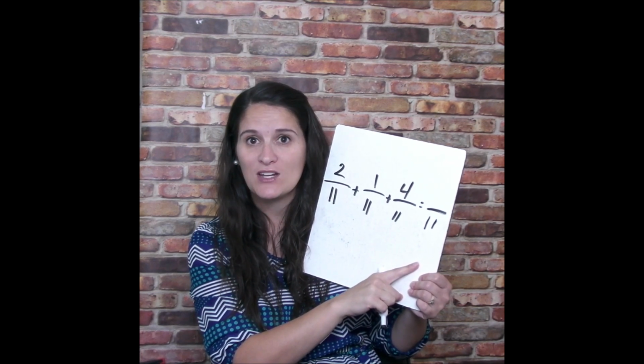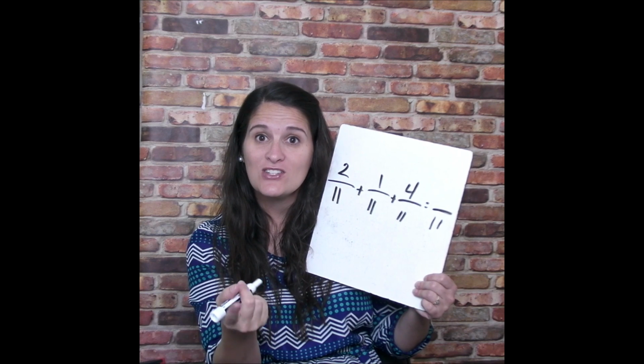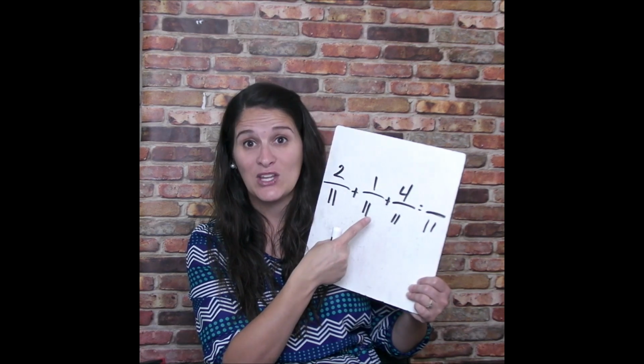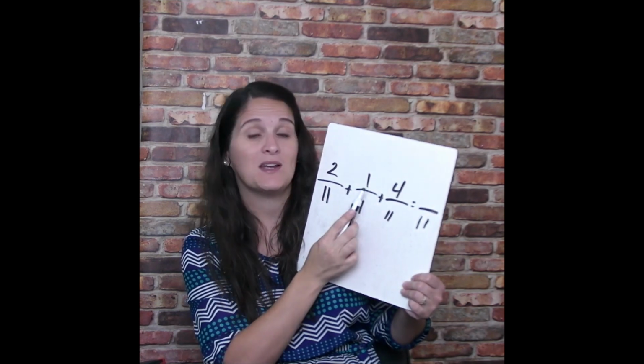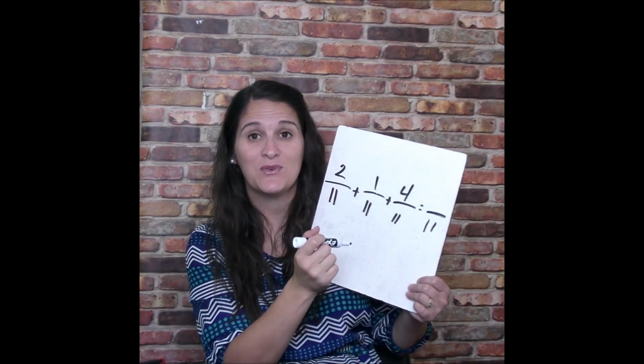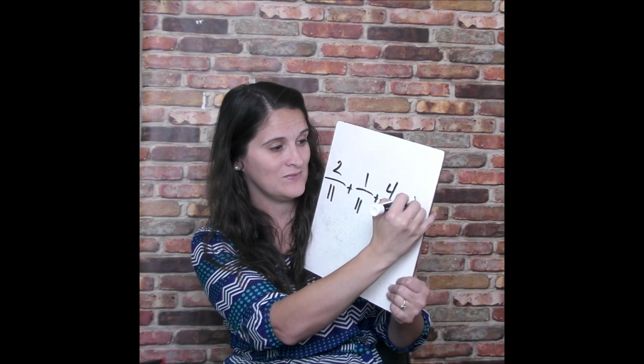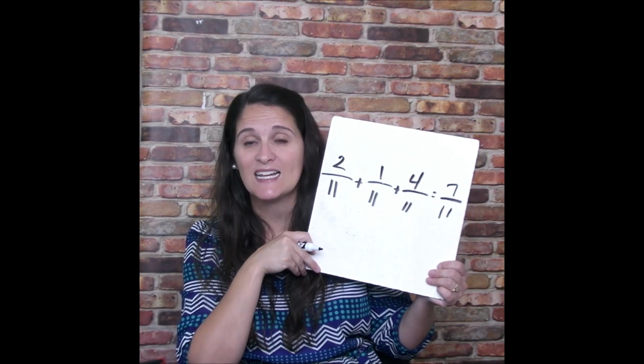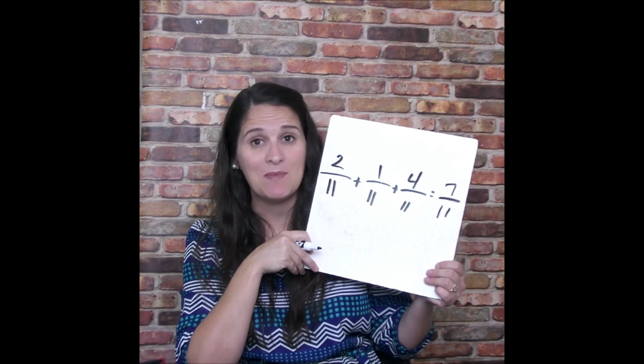The only thing that changes is that instead of adding 2 numbers, you're adding 3. So 2 plus 1 is 3, plus 4, 7/11. The only difference is you're adding that third number. Simple as that. Nothing else changes.